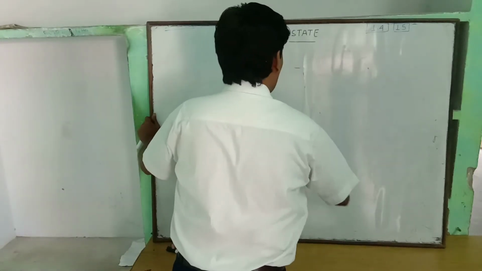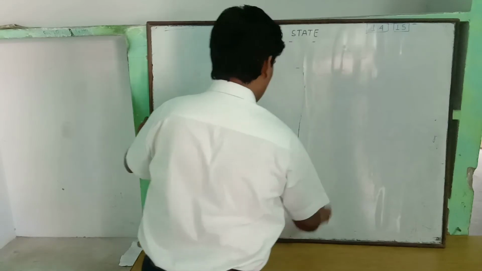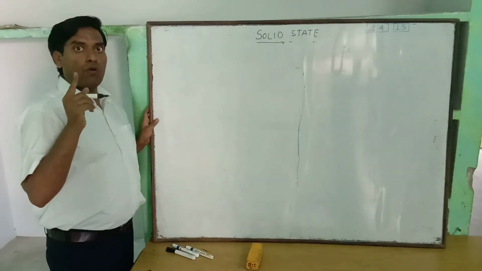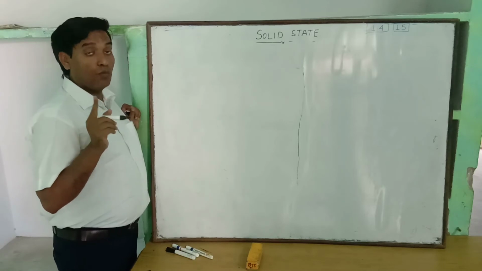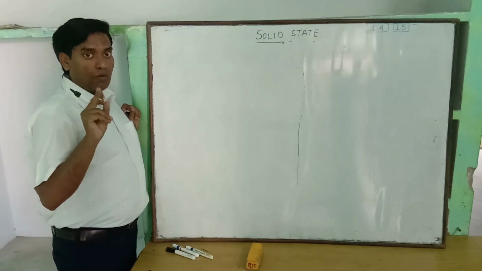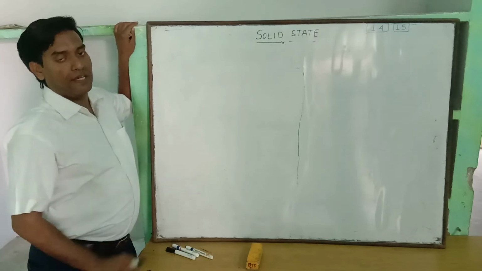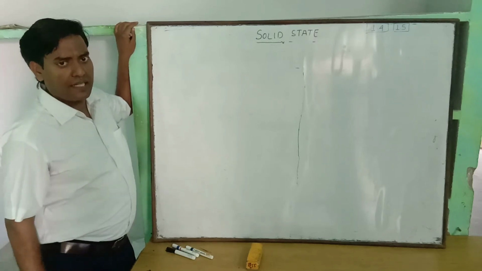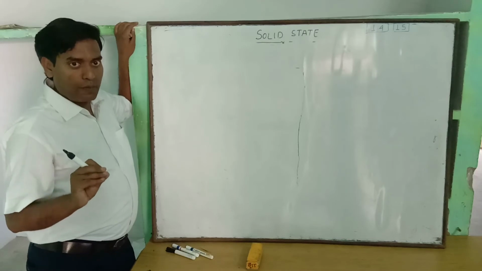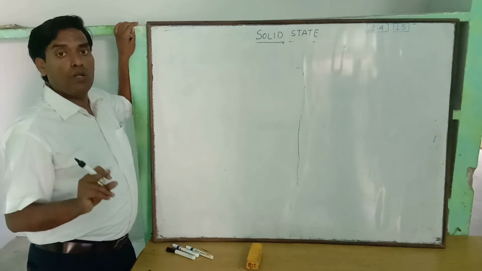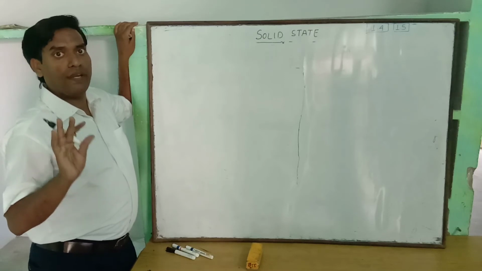Now I am going to explain the primitive and non-primitive unit cell by considering the cubic unit cell. Actually different examples are there, but I am going to explain the primitive and non-primitive unit cell only on the basis of the cubic unit cell.